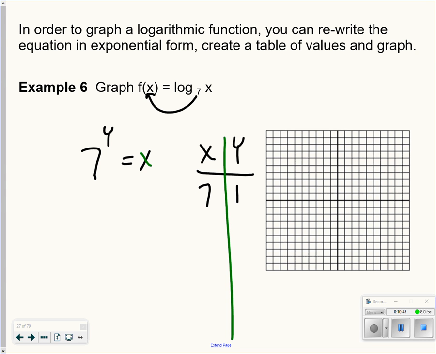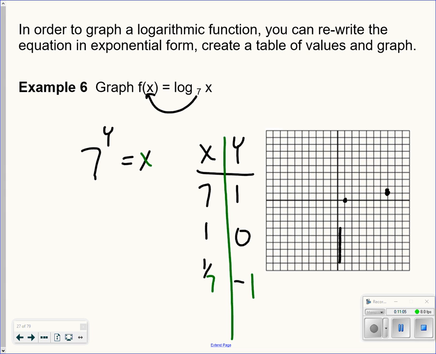Then x would be 7. And what if I put 0 in for y? Then x would be 1. And what if I put -1 in for y? Well, I get a fraction. I'd get 1/7. So now, graphing those, 7, 1, 1, 0, 1/7.